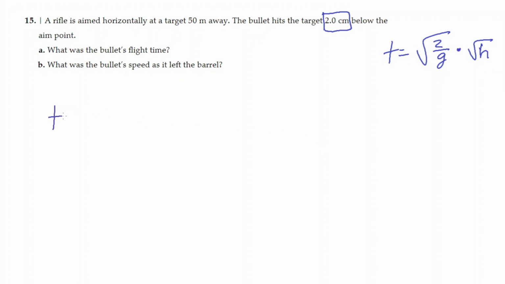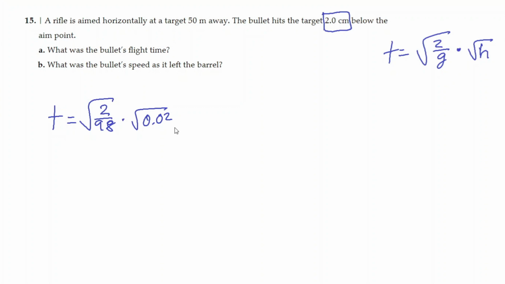So let's solve for t. We have t equals the square root of 2 over 9.8 times 0.02, because we're working in centimeters here, but we want to turn it into meters, which is a basic SI unit.